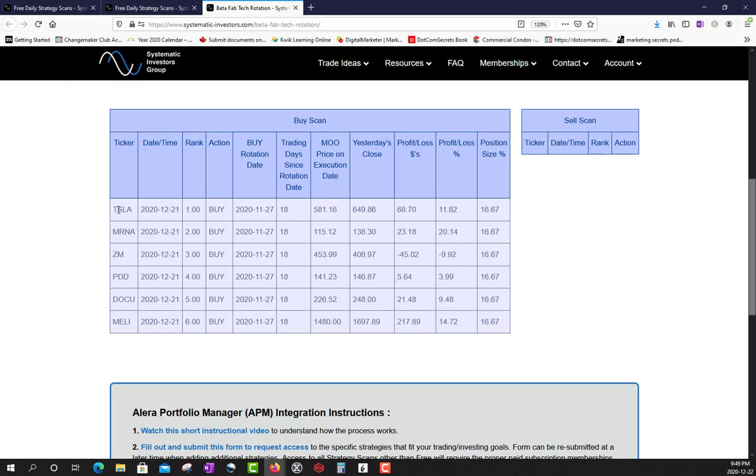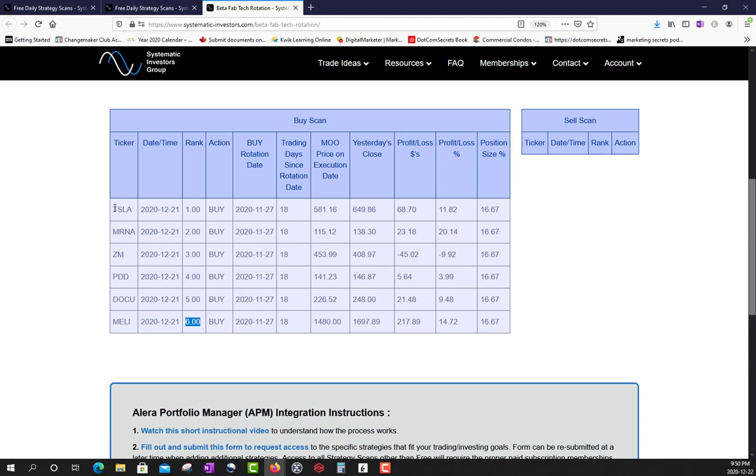We look at relative momentum and absolute momentum, a couple of different momentum metrics, and we rank the stocks in the Nasdaq 100, and the strongest ones are ranked. Obviously, Tesla was ranked number one, from number 1 to 6. So these are the strongest 6 stocks according to our ranking algorithm.